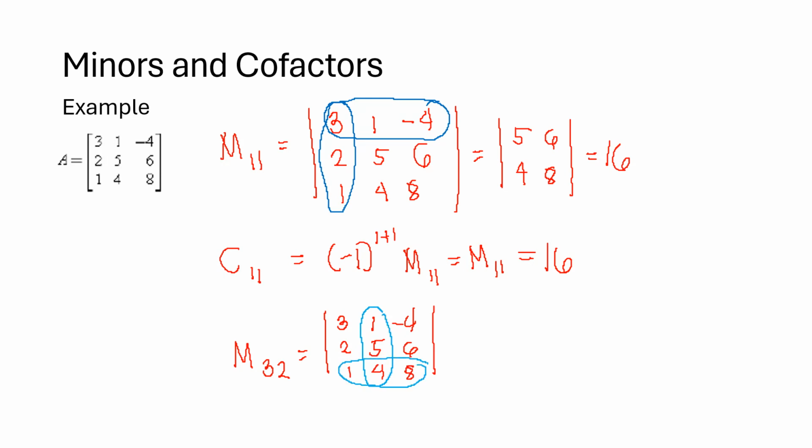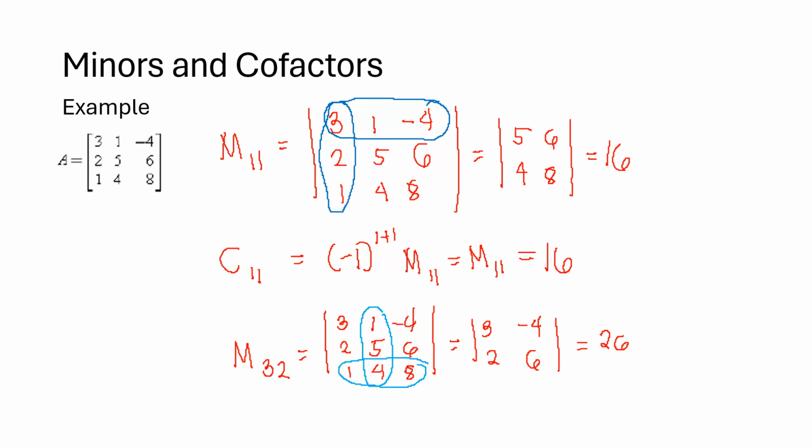Okay, so our new matrix would be, you have 3, negative 4, then you have 2, 6. And if you are going to get the determinant of that one, that's equal to 26. Okay, that's the minor entry of A sub 3 2.